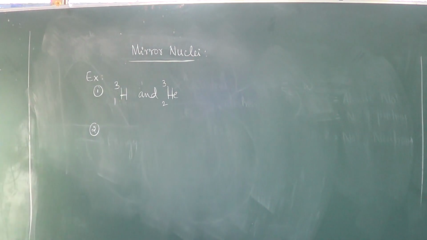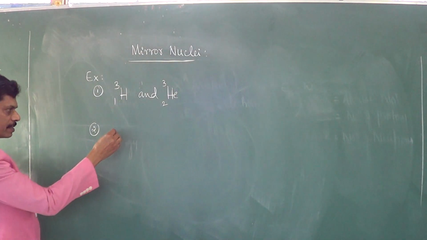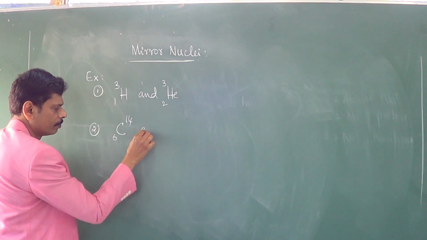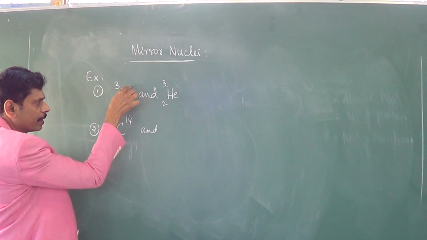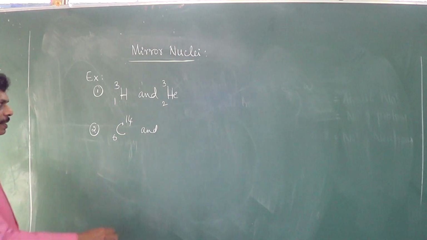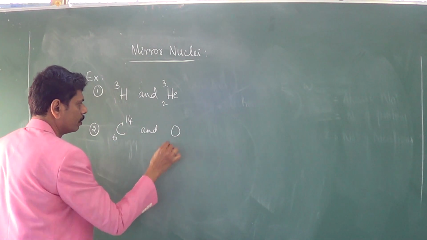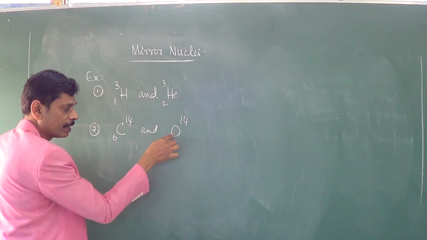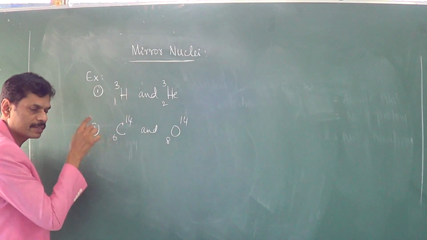Example number 2. Carbon 14,6. Mass number you can write here or here, no problem. Carbon 14,6 and oxygen 14,8. Atomic number for oxygen is 8. Carbon atomic number is 6.